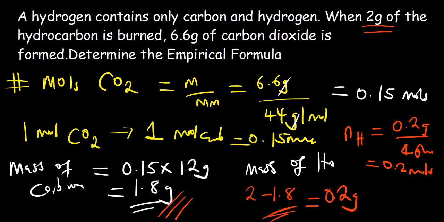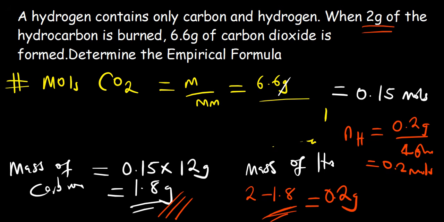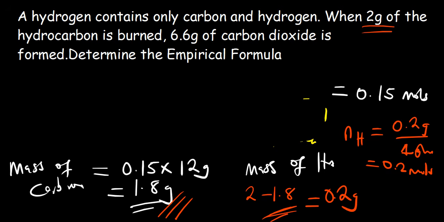The simplest whole number ratio. Okay, how are we going to find that? So we've got C and we've got H. You'll see the moles for carbon, we found that it was 0.15.